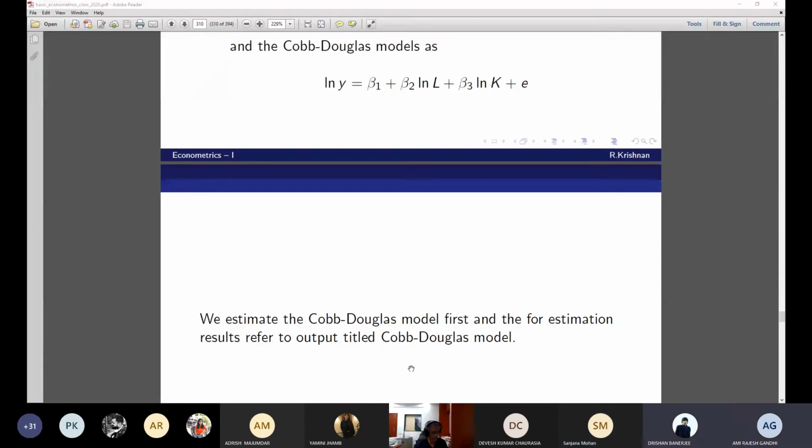So why have you written beta 4 plus beta 5 plus twice beta 6? Oh, yes, sir. In F test. Sir, can you show the translog model once?